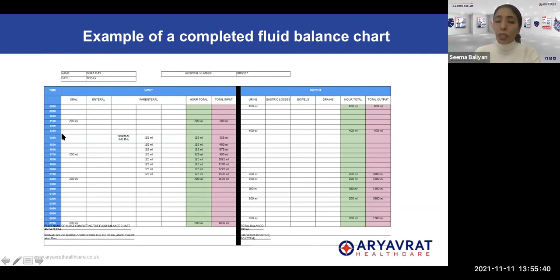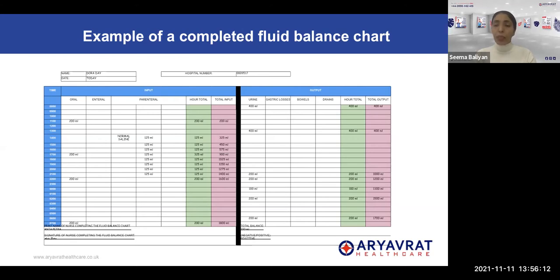When it was started, the first reading that you are going to be writing is going to be after 1 hour, because it has taken that 1 hour for the saline drip to give 125 ml, which was supposed to be given as an hourly rate. So you will be starting to write down in the next hour. I hope everyone has understood that.